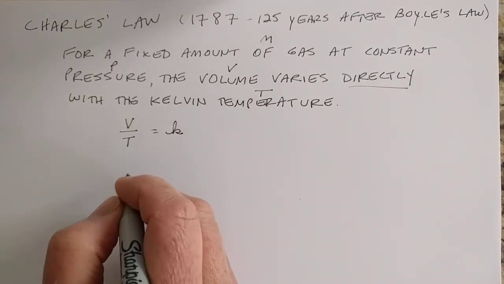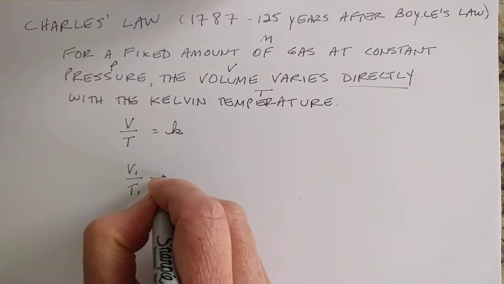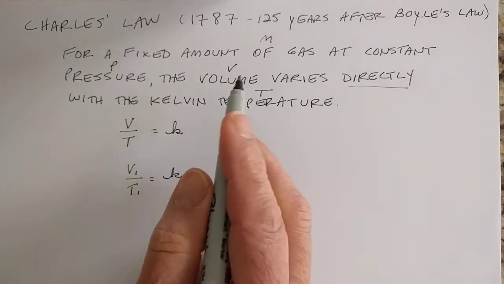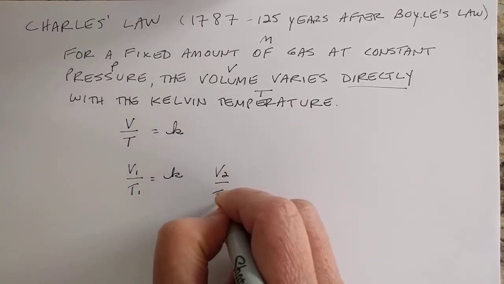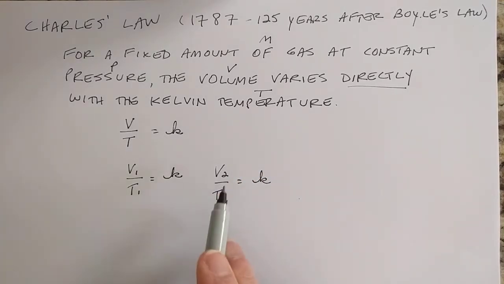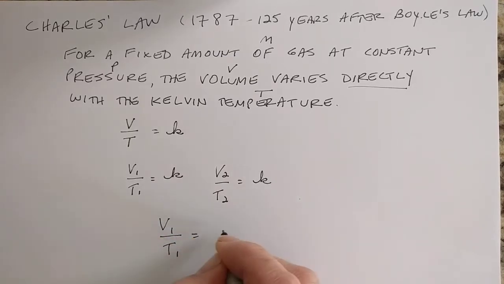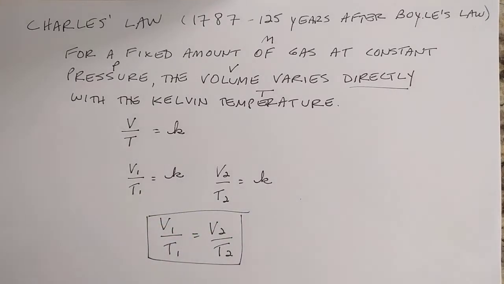If we have gas under one set of conditions, V1 over T1 will equal a constant K. If we change the volume or the temperature, but keep the same amount of gas and the same pressure, then V2 over T2 equals that same constant K. If they both equal K, then they equal each other. So V1 over T1 equals V2 over T2. This is the mathematical form of Charles's law that we use most often.